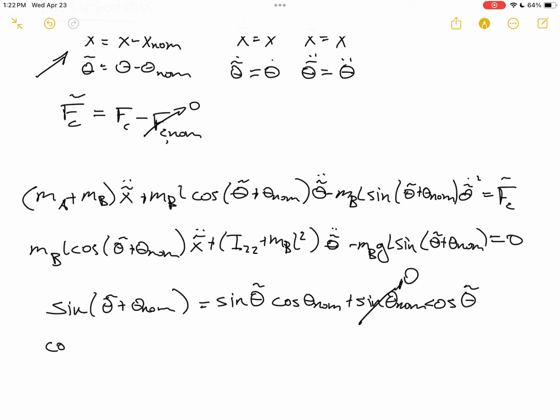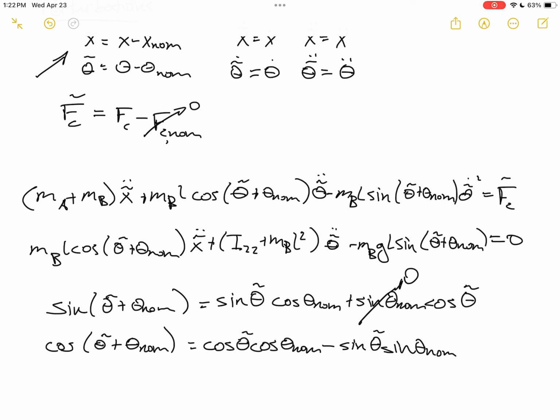We'll do the same thing using trig identities for the cosine of theta tilde plus theta nominal. So that's going to equal cosine of theta tilde times the cosine of theta nominal minus the sine of theta tilde sine of theta nominal.